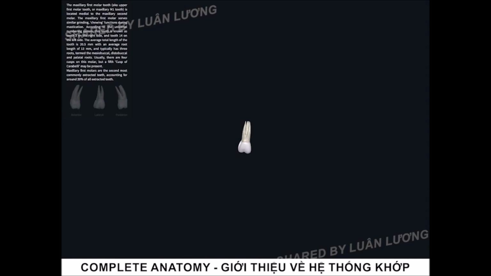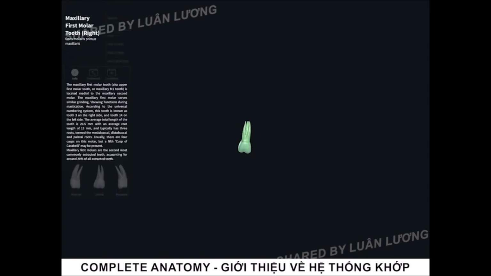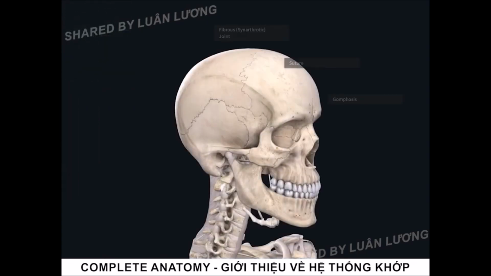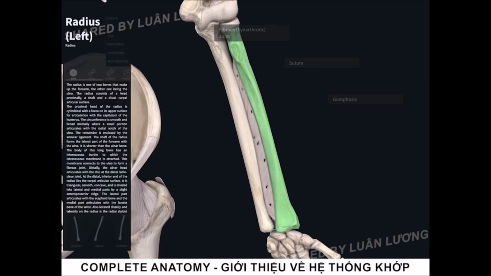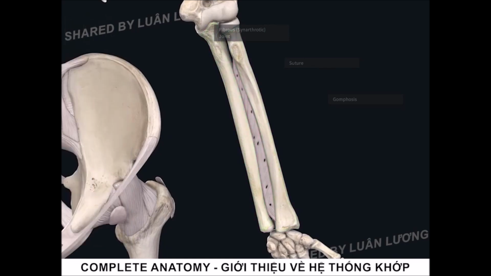Now, the third type of fibrous joint that we're going to take a look at is going to be found in the extremities. And this third type of joint is known as a syndesmosis. A syndesmosis is going to be found between the long bones either in the forearm or in the leg.